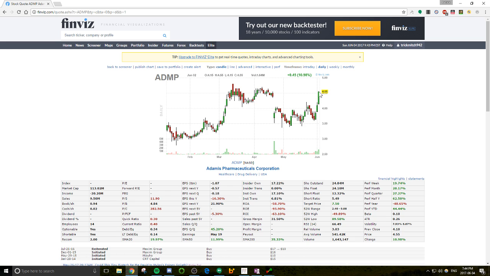So it might get a pullback to some sort of support, probably in this area in here, and then continue higher. So I would be looking for that, because it's almost like a cup and handle type of play, right? Type of pattern. It's definitely not a very nice cup, right? But you know, it has that shape to it nonetheless. So we'll just continue on.